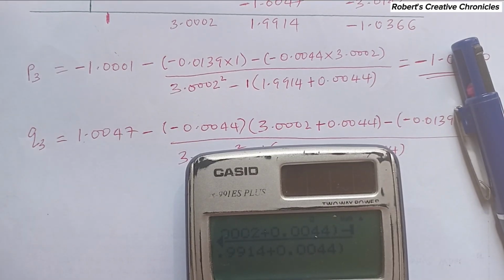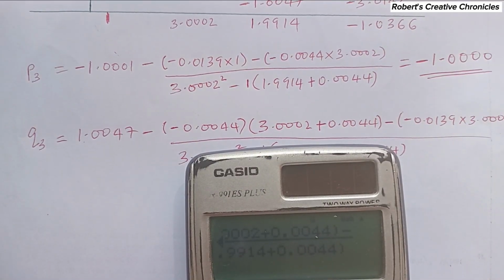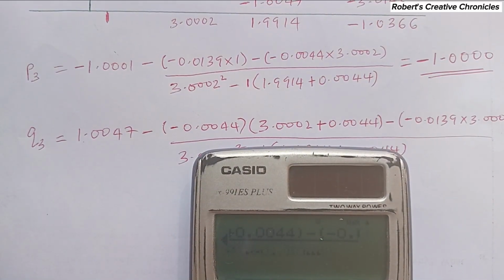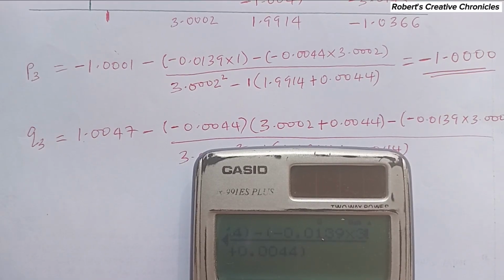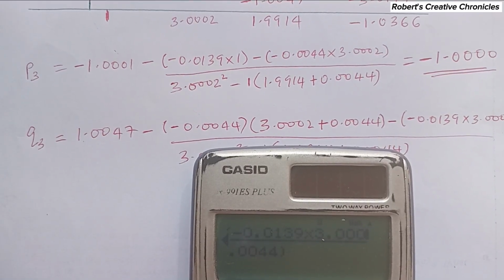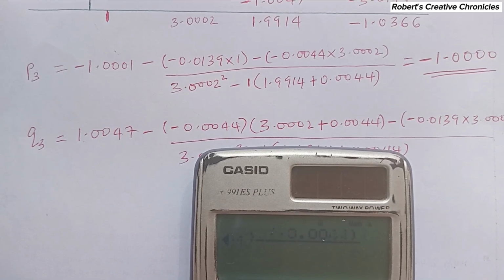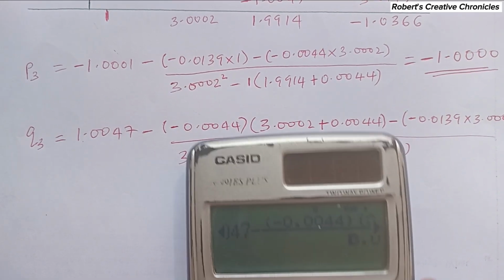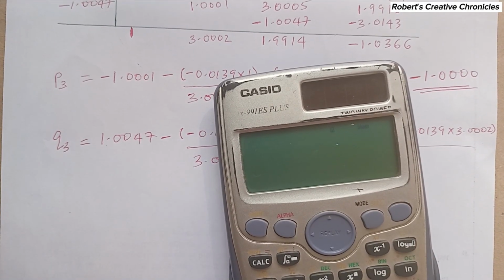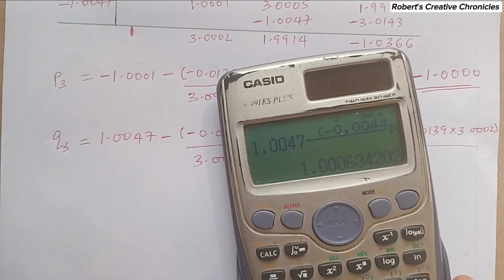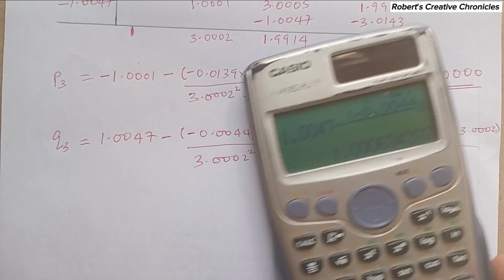Then minus 0.0139 times 3.0002. Then same denominator. So this equals to 1.0006.